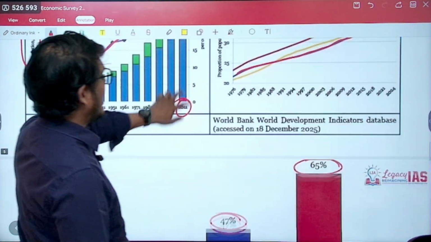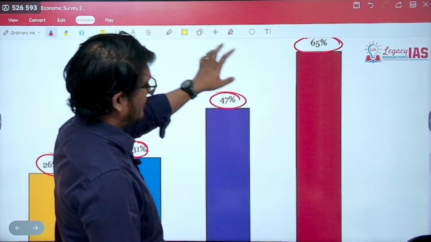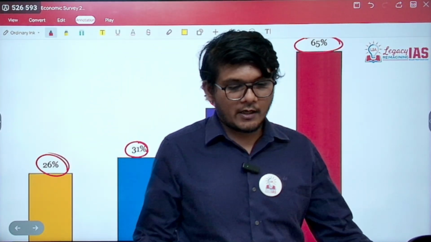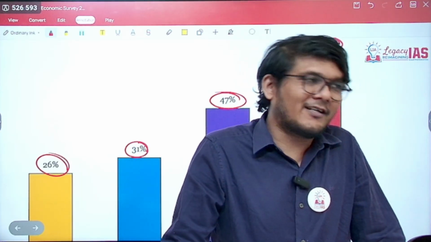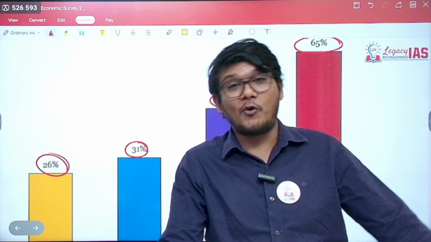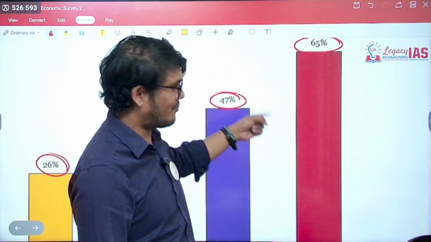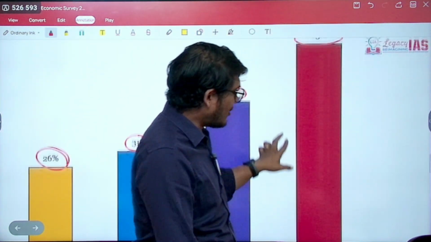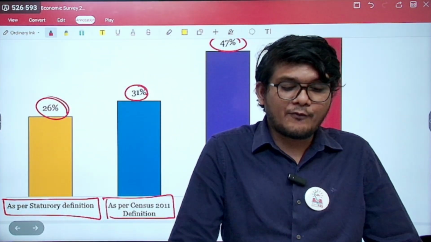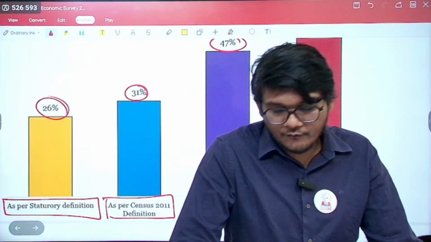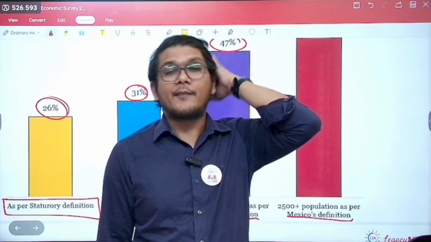But at the same time, we should also take this with a pinch of salt, because again, the economic survey would have also identified the definitions of certain countries which make India's percentage go drastically high, which is quite visible over here. Because here the population is 5,000 plus, 2,500 plus, wherein they are forgetting the definition with respect to employment generation.